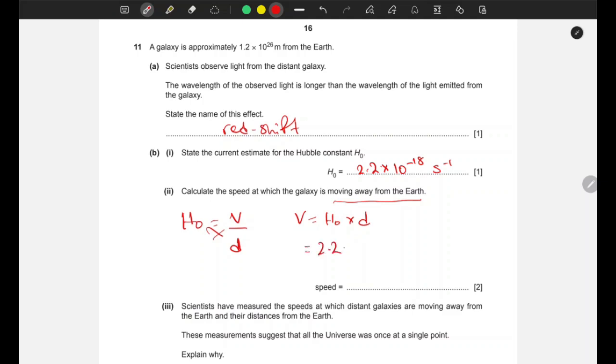So it's 2.2 times 10 to the power of minus 18 times 1.2 times 10 to the power of 26. When calculating this, we would get 2.64 times 10 to the power of 8, of course, meters per second.